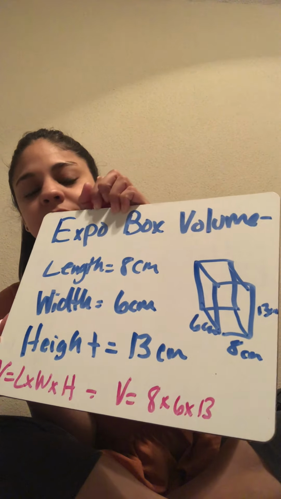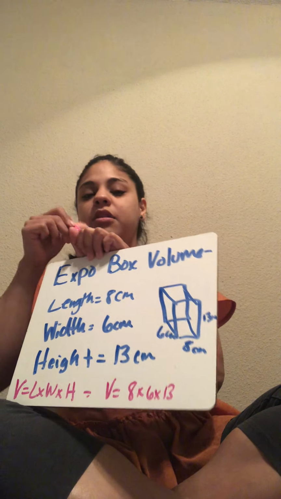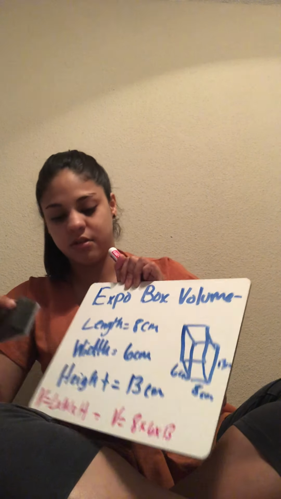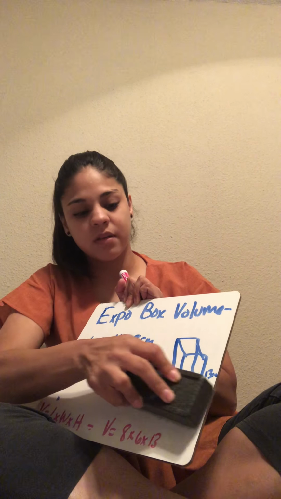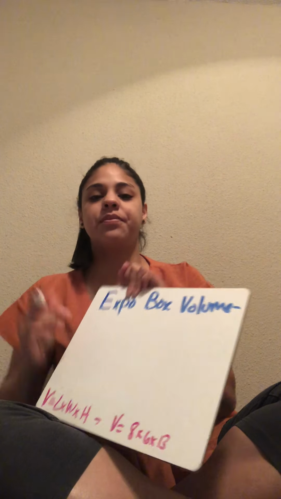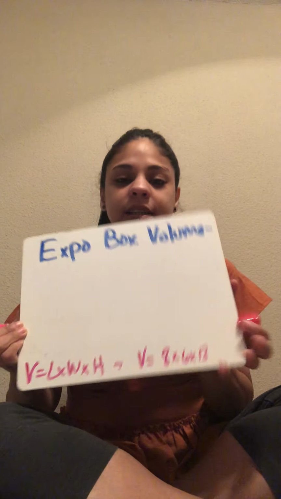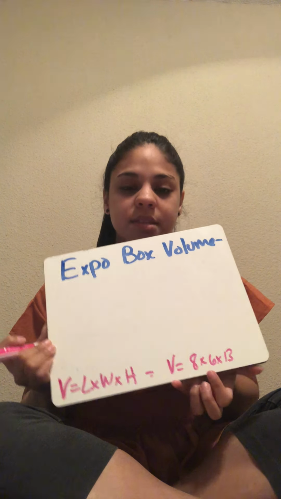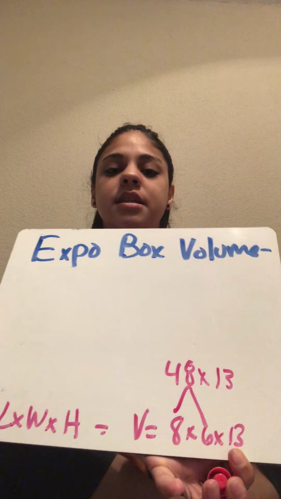Okay, so I'm going to erase my notes so I can do my math. Actually, I'll erase my model as well. It's okay though. So now I know that 8 times 6 is 48. So now I'm doing 48 times 13.